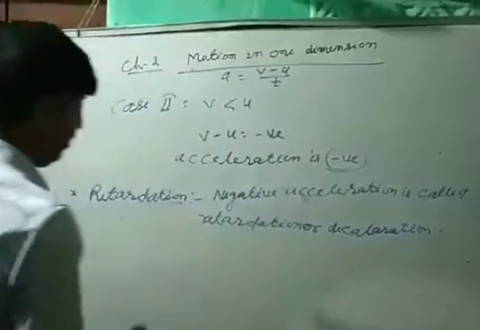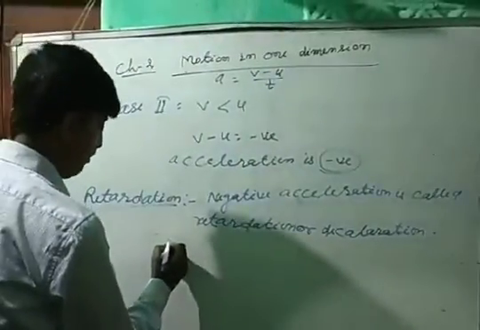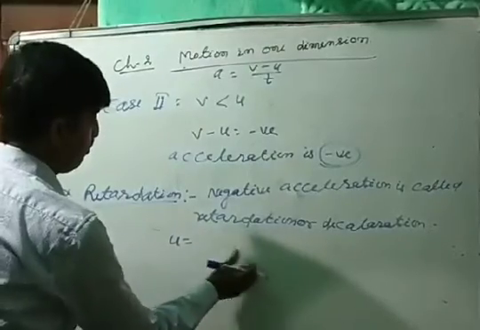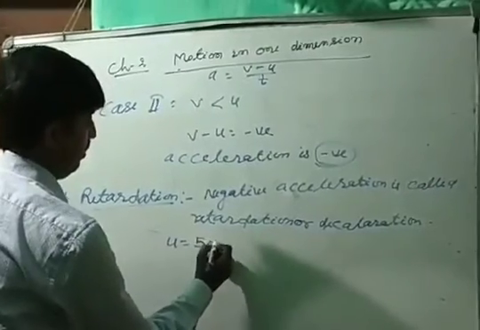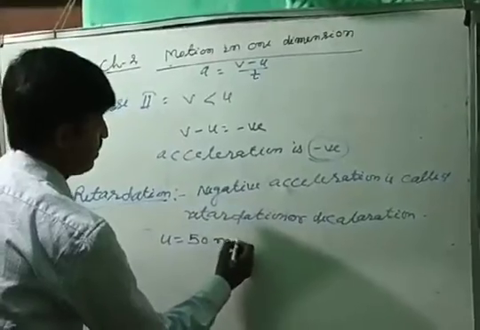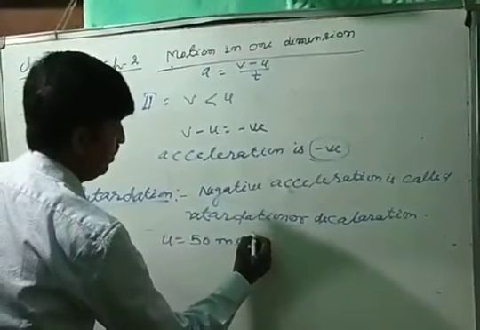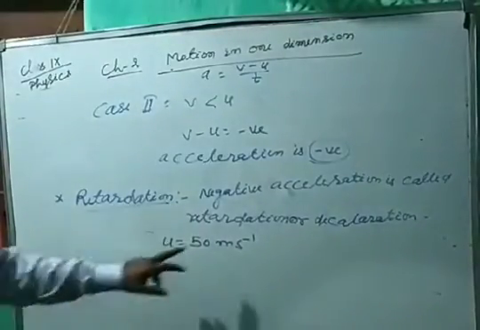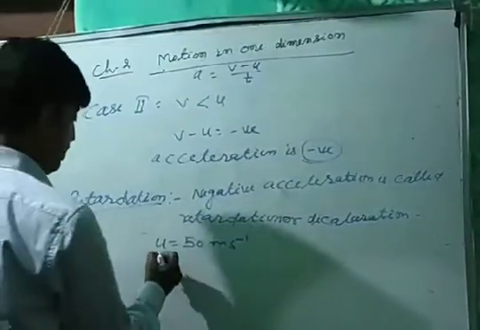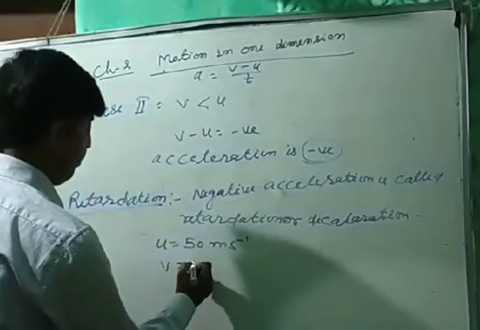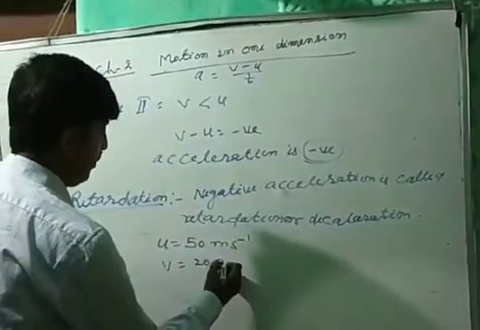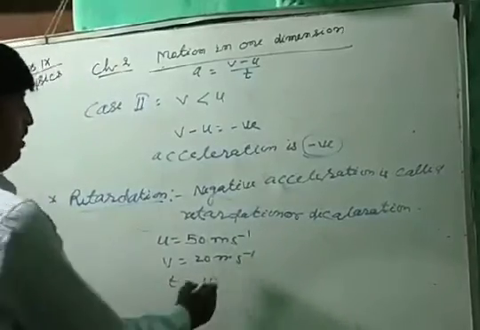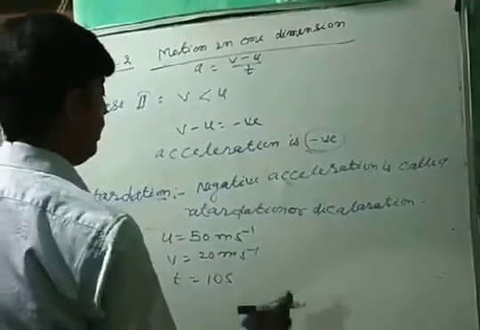Take an example. If the initial velocity u is 50 meter per second, meaning a vehicle starts moving with an initial velocity of 50 meters per second. After applying brakes, its final velocity becomes 20 meter per second in 10 seconds. Then what is the acceleration?